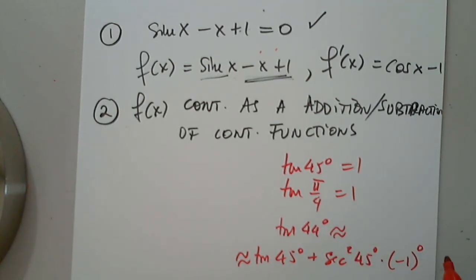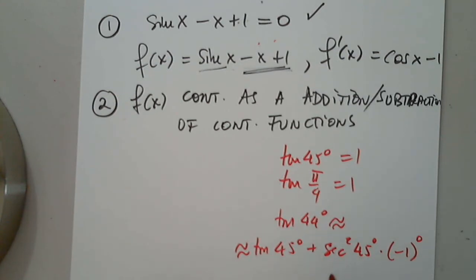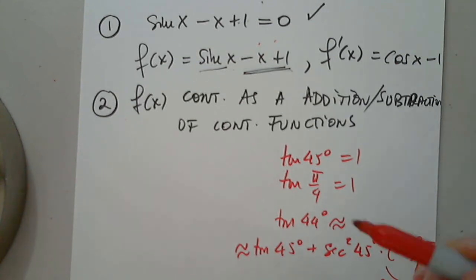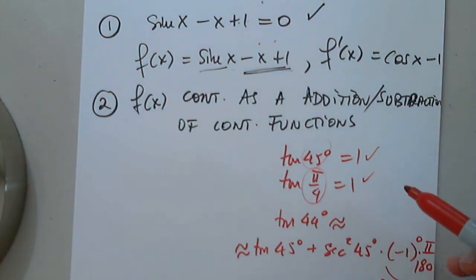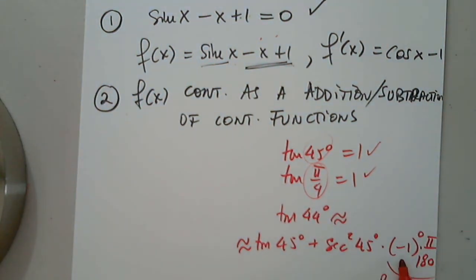I can't leave it as -1 degree outside of a trig function. I have to multiply by pi over 180 because I have to turn it into radians. It's mandatory. Now, if it's inside a trig function, who cares? The answer is the same. But if a degree is outside of a trig function, it has to be changed into radians.